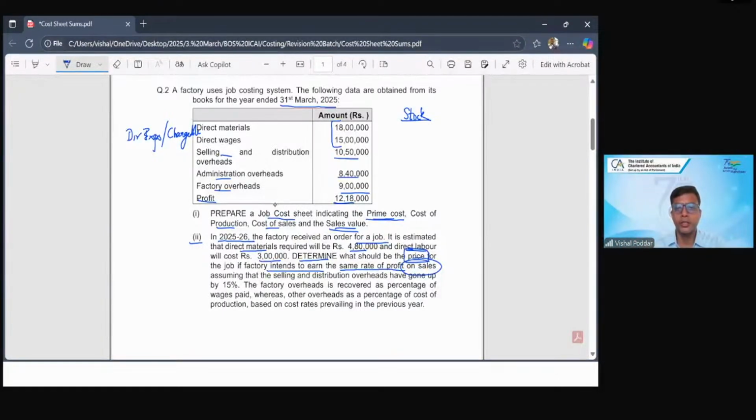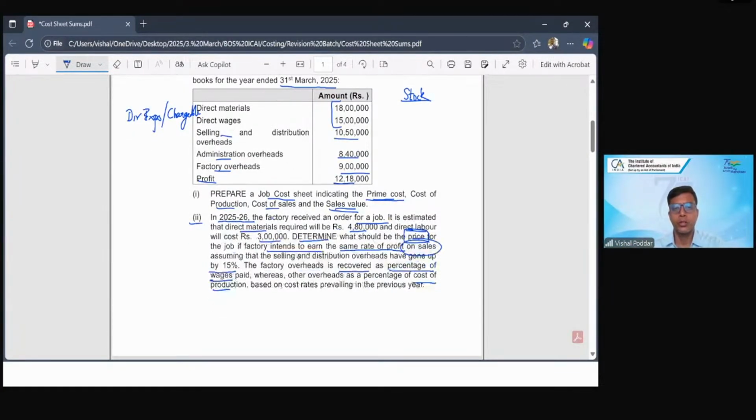Further, assuming that selling and distribution overheads are going up by 15%, the factory overheads are recovered as a percentage of wages. Other overheads are recovered as a percentage of cost of production based on cost rates prevailing in the previous year. So this is the hint they have given you as to how you have to charge your other overheads. Correct?